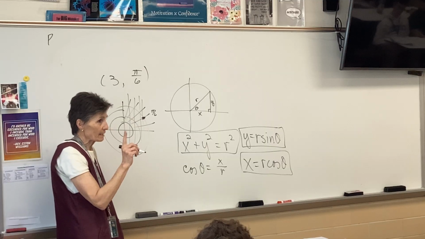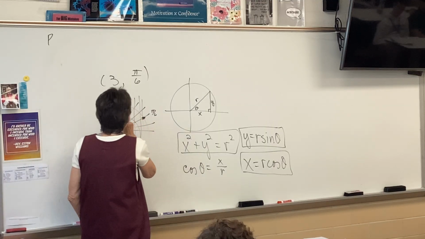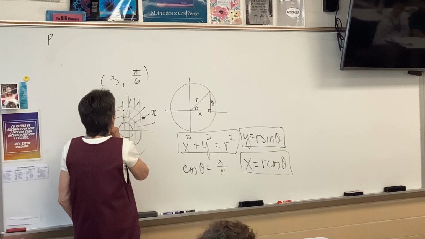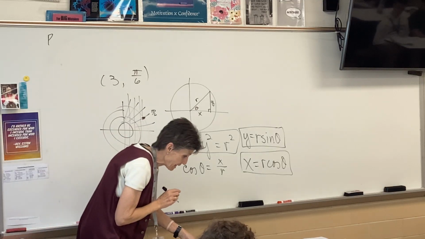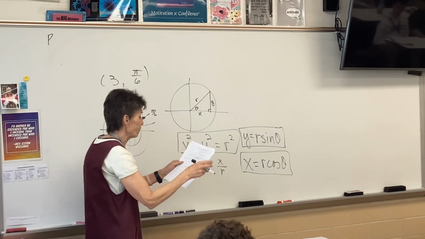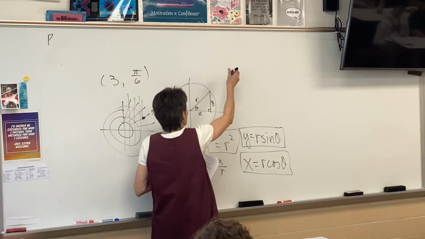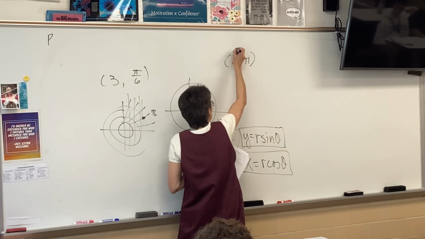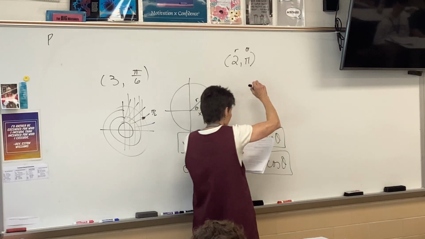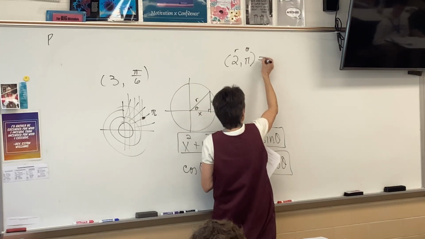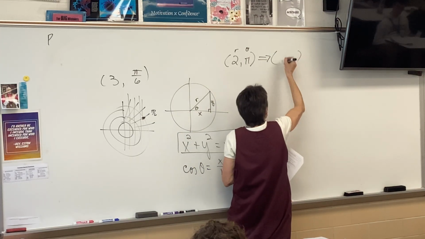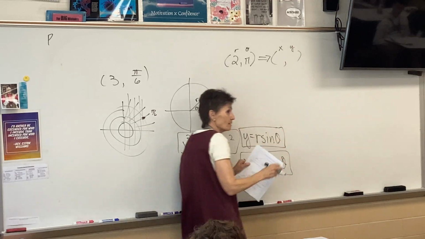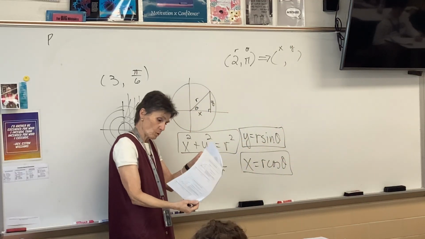Right, now wait a second. I'm on example 4. We need to take the ordered pair 2 comma pi, which is r and theta, and we need to change that into an x and a y.